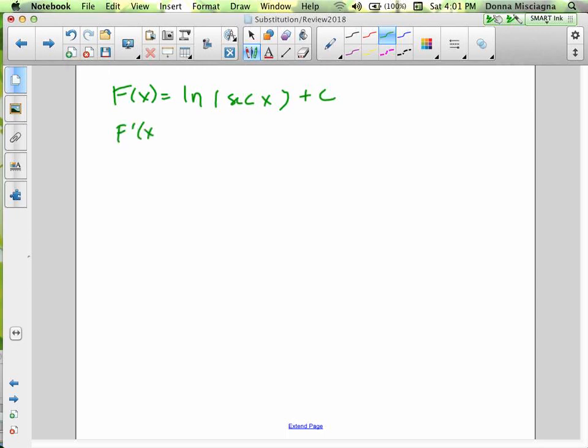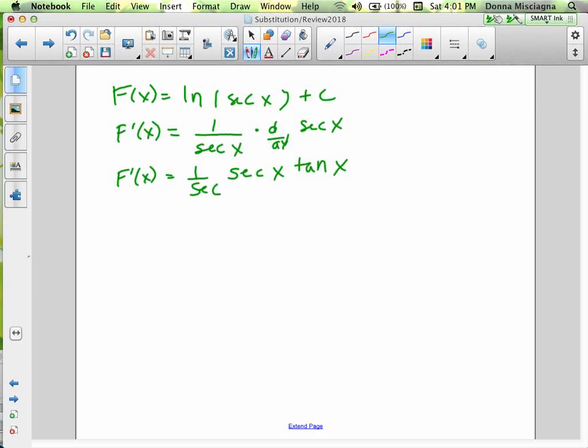All right, so f prime of x equals, for natural log, it's going to be 1 over secant x, and then times the derivative of secant x. And of course, the derivative of the c is 0. So f prime of x equals 1 over secant x times the derivative of secant x, tangent x.